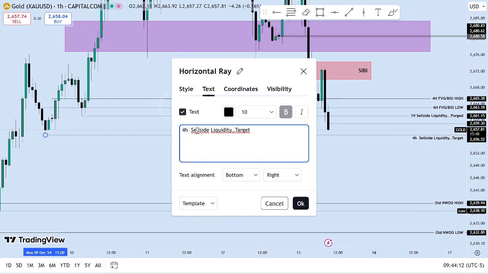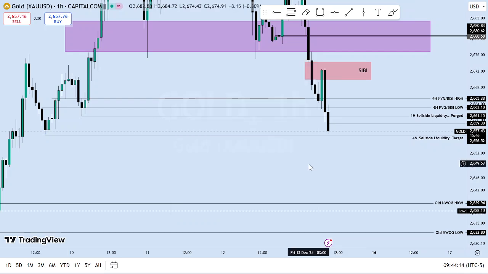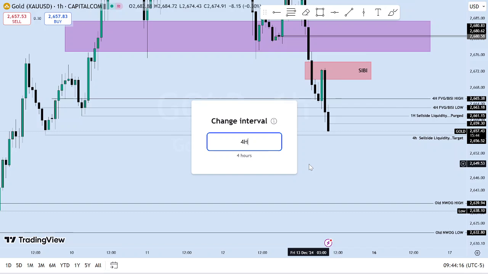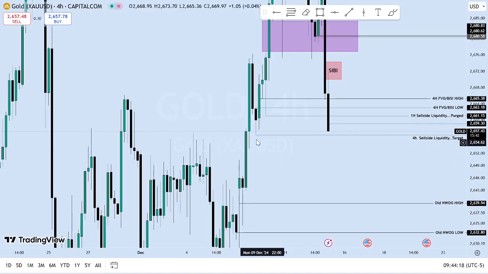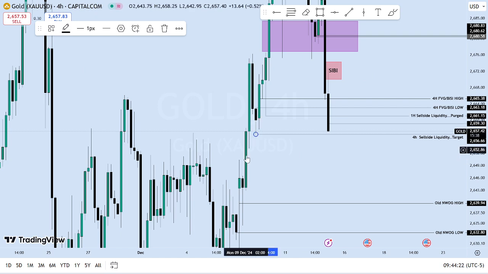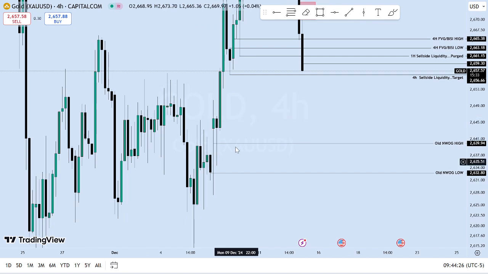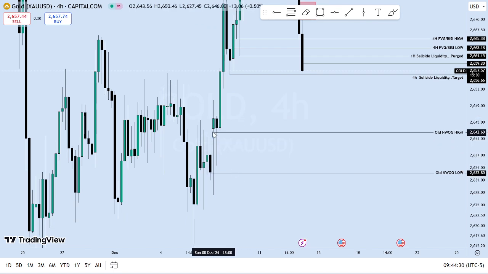That's for excess side liquidity. We have an inefficiency here too, and also an inefficiency here in 4 hour.